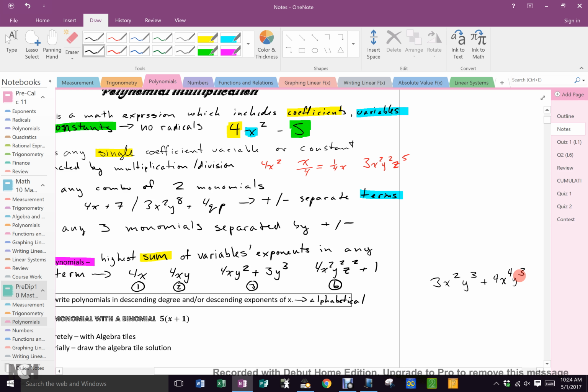Is that in the right order technically? Descending degree, descending exponents of x. What's the biggest x value there? X to the fourth. So really, I should have written this as 4x to the fourth y cubed plus 3x squared y cubed. I don't care. Okay? Somebody later might, so I've done my job to show you that.